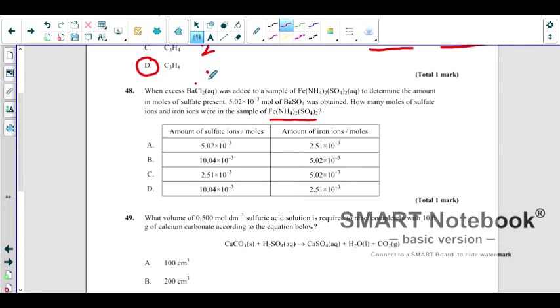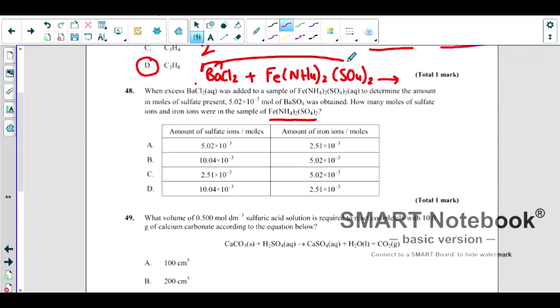So what is the equation? We have BaCl2 plus Fe(NH4)2(SO4)2. It will give us what? It is a replacement reaction. This Ba will combine with SO4.